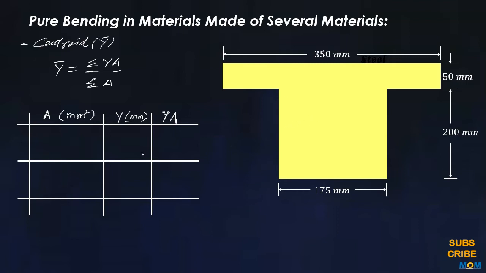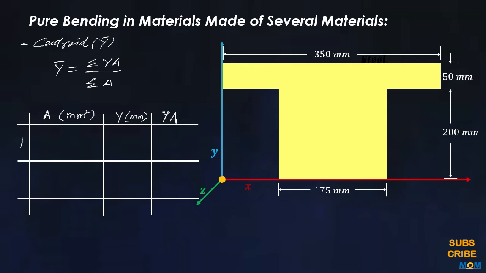Apparently this cross section resembles two rectangles. Considering rectangle 1, to start with we have to have a reference line. So we draw a reference line here. The x-axis is the reference line. All the readings on the y-axis we are going to take from this reference line of the x-axis. Now in this case, this is rectangle 1, the upper rectangle, and this is rectangle 2.